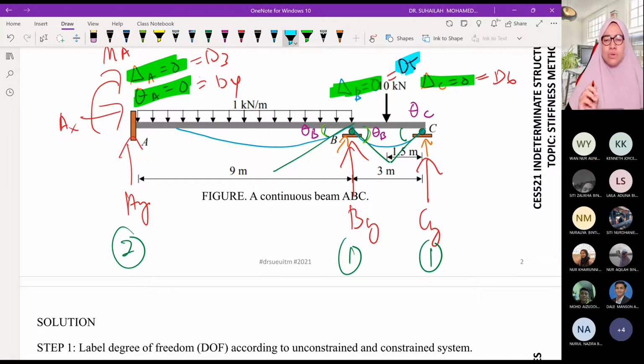Okay, same goes to D6. D6 also 0 because it is displacement at C, and displacement at C, because of the roller support, is equal to 0.